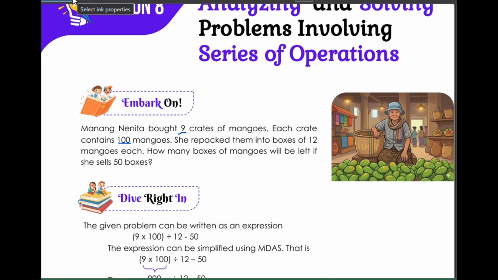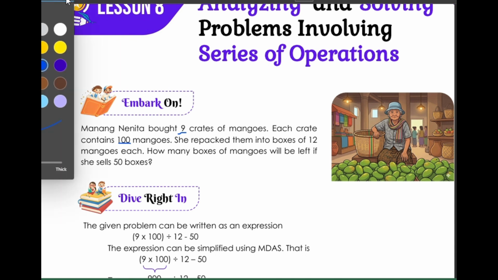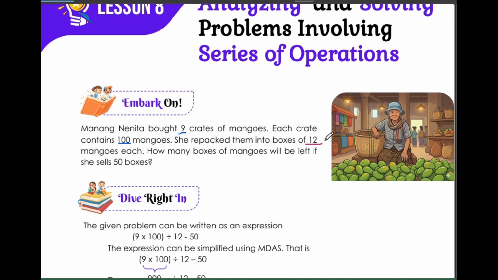So, let's divide it. Let's put a different color. And then, the question is, how many boxes of mangoes will be left if she sells 50 boxes? In this case, from the keywords that you researched on your last activity, left means it's subtraction.